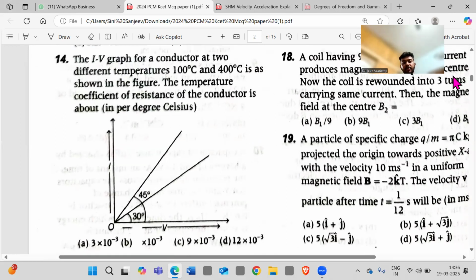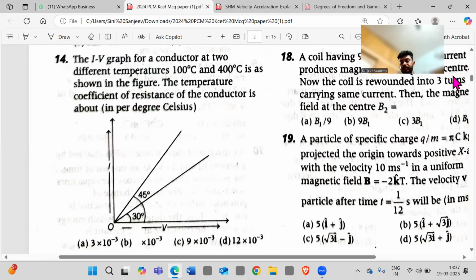Temperature coefficient of resistance is what? That is the question. And those who don't know how to do it, let me know. Because there are no resistances given, because again, in a temperature coefficient question there will be resistance. Instead of that, they've given some slopes.